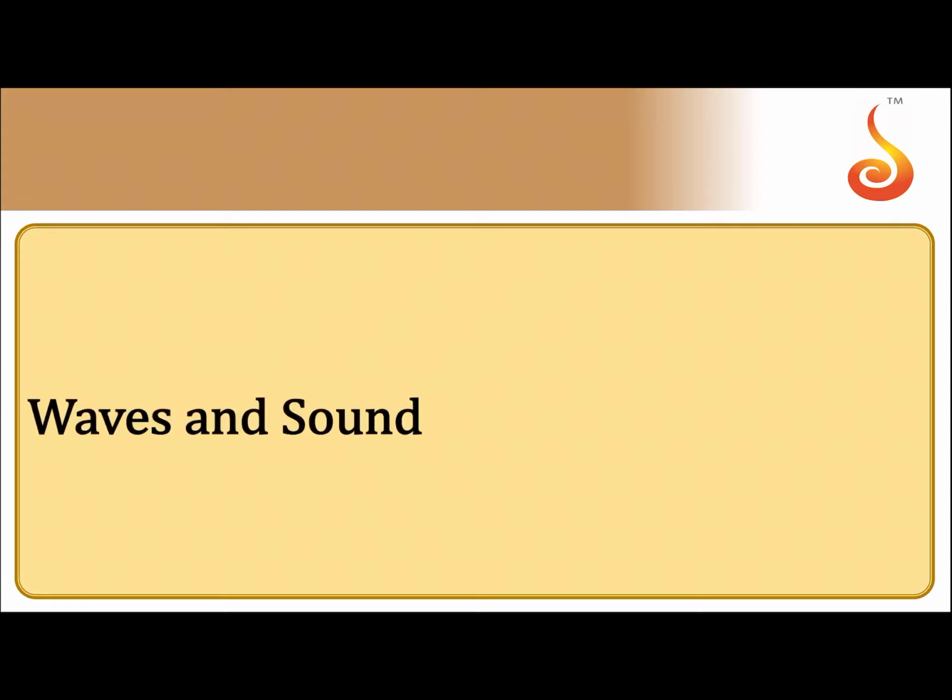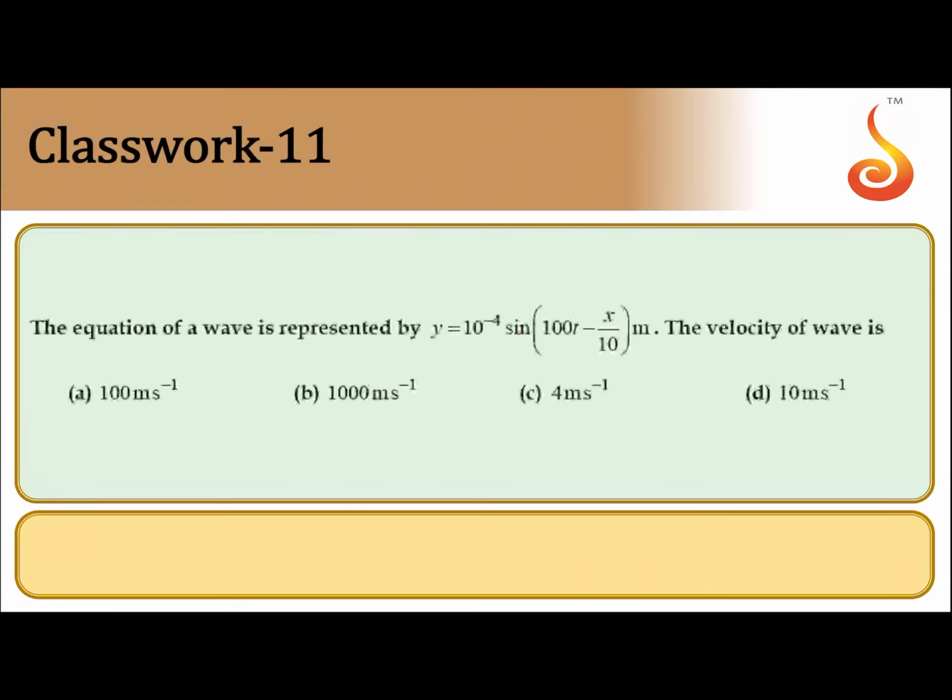A couple of questions on waves and sound. The equation of a wave is represented by y is equal to 10 to the power of minus 4 sine 100 t minus x by 10 meters.